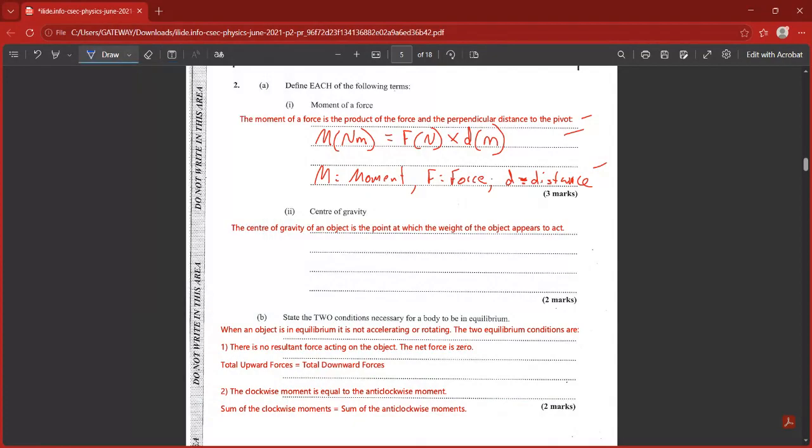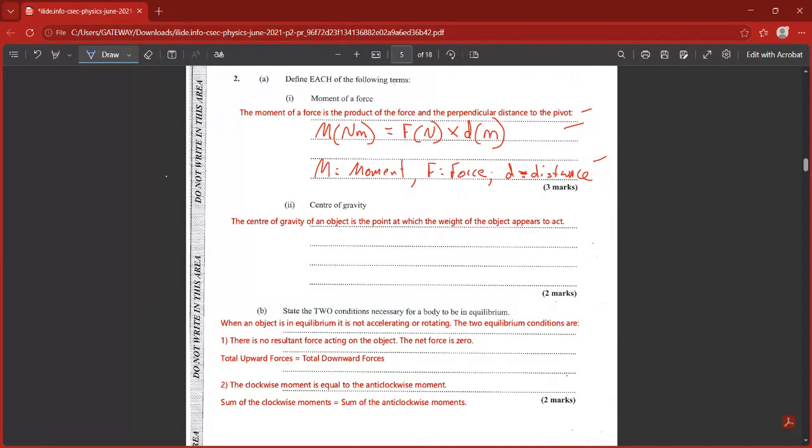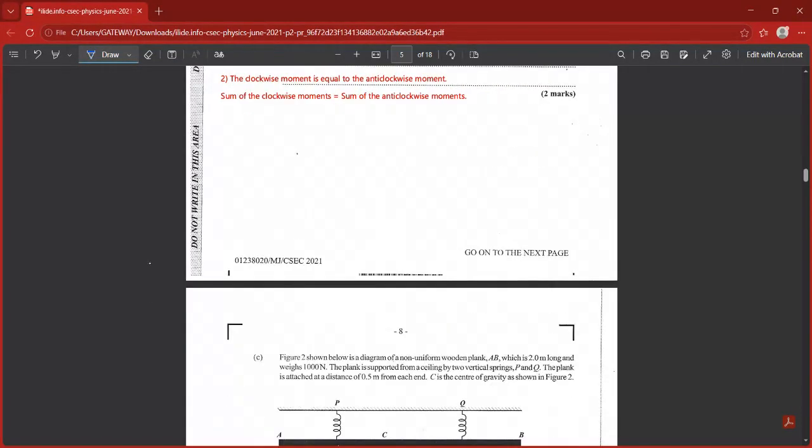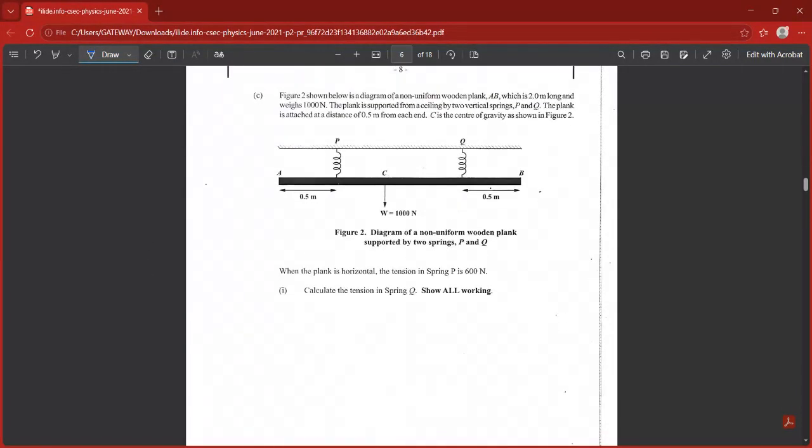So that is the definitions and stuff. Now, part C: Figure 2 shown below is a diagram of a non-uniform wooden plank, which means that it is not constant, it varies. AB is 2 meters long.